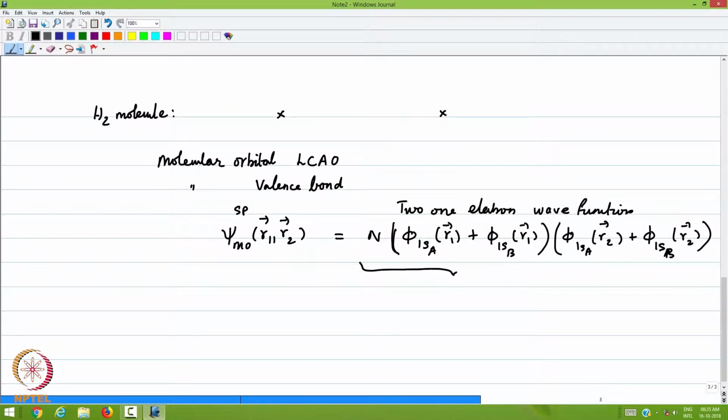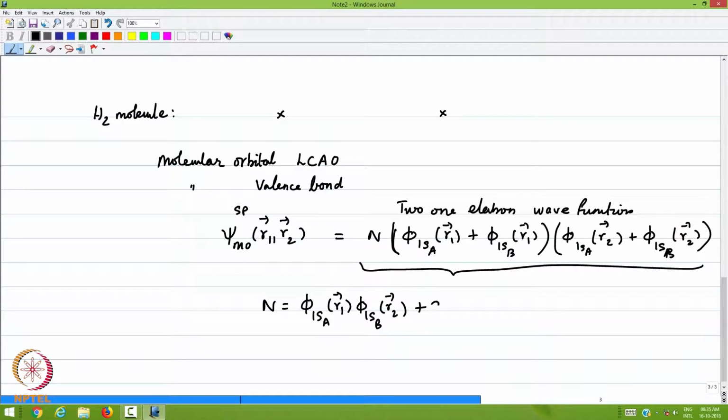One of the disadvantages with such a product is that if you look at it more closely and expand it, you would see that there are two types of terms: phi 1s A of R1 times phi 1s B of R2, which means that electron 1 is associated with nucleus A and electron 2 is associated with nucleus B. And since the electrons are indistinguishable, you can also have the other way around, which leads to phi 1s A of R2 times phi 1s B of R1.